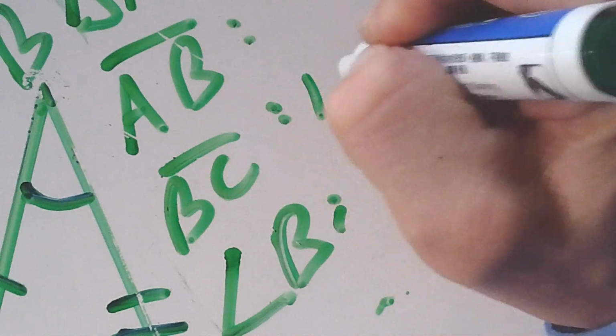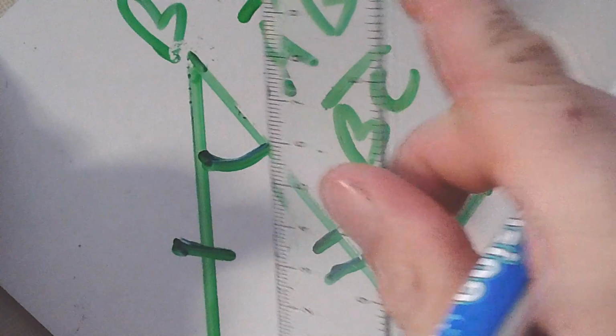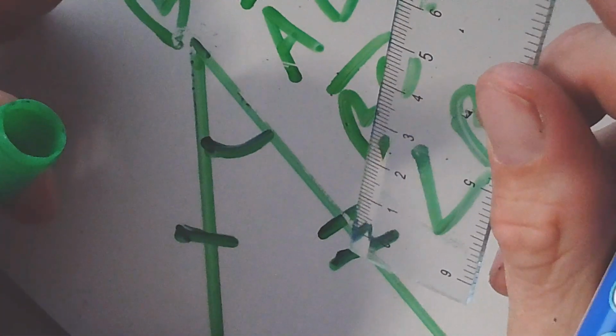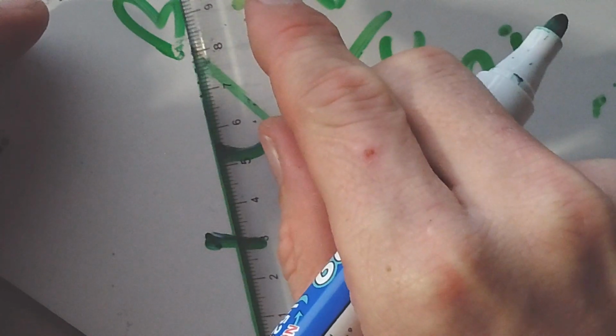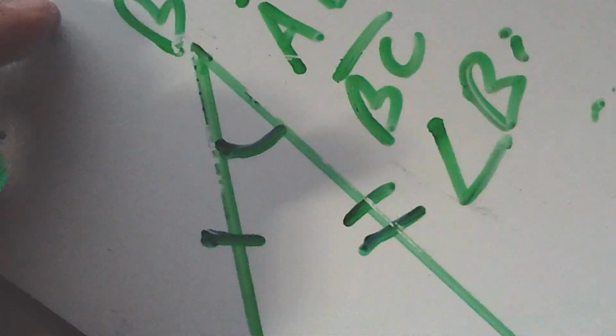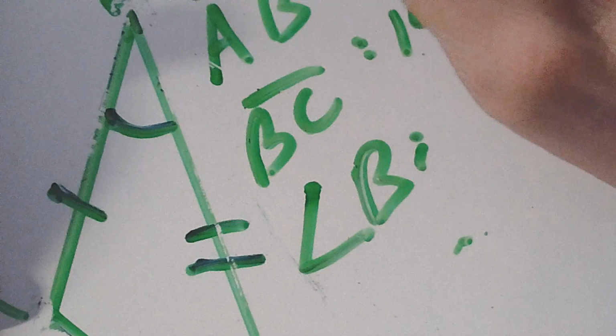So 14.8 for B to C. Then A to B is about 8 centimeters.